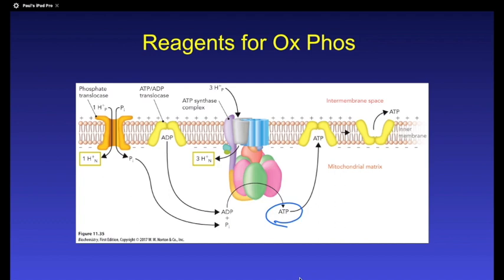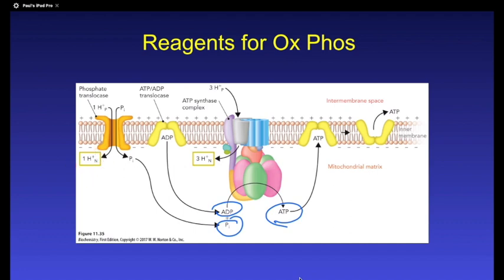Okay? But to do this reaction, I have an ADP. I also need a PI. So I produced ADP and a PI in the cytosol. To get that in, the PI has to come in. For every 1 PI coming in, what do I have to have coming in with it? The proton, the lonely 1 proton.